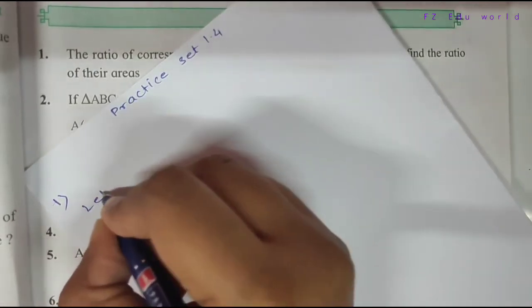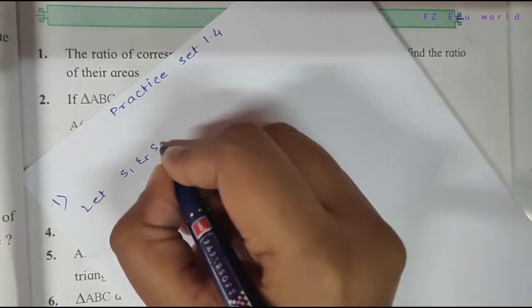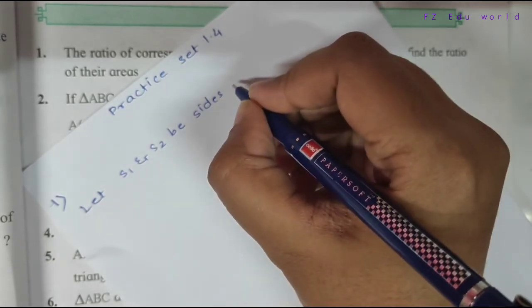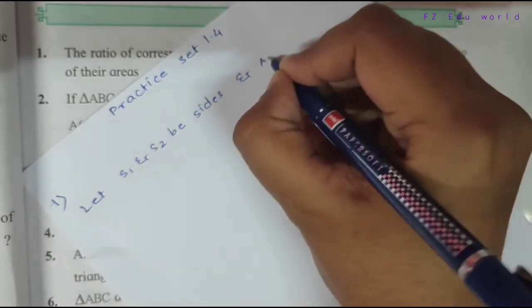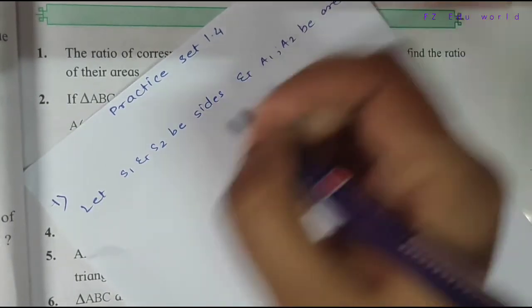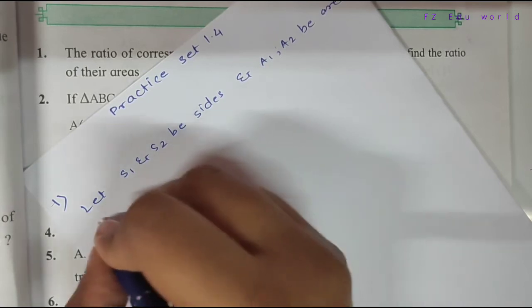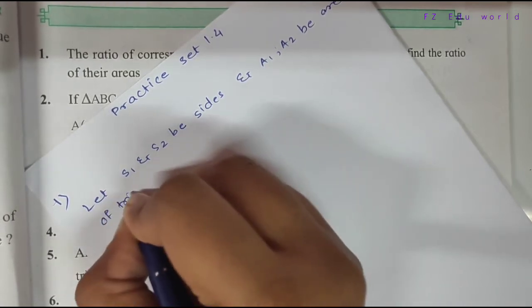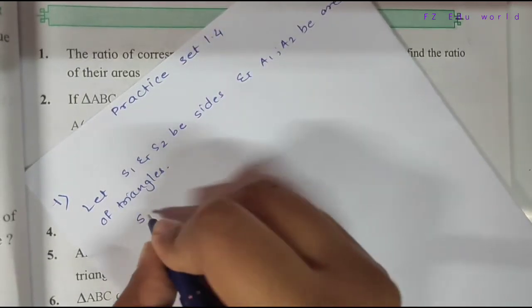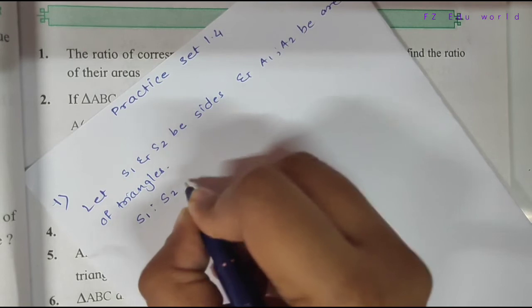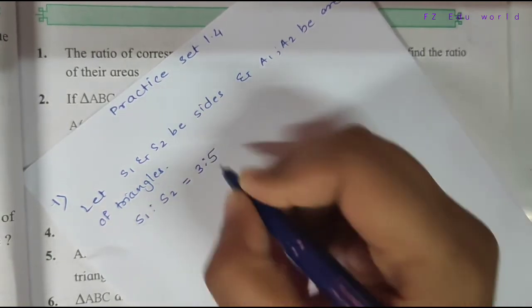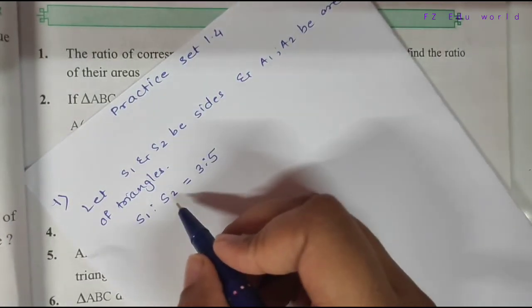Let S1 and S2 be sides and A1, A2 be areas of the triangles. Now we are given that S1 is to S2 is equal to 3:5. This ratio is given to us.